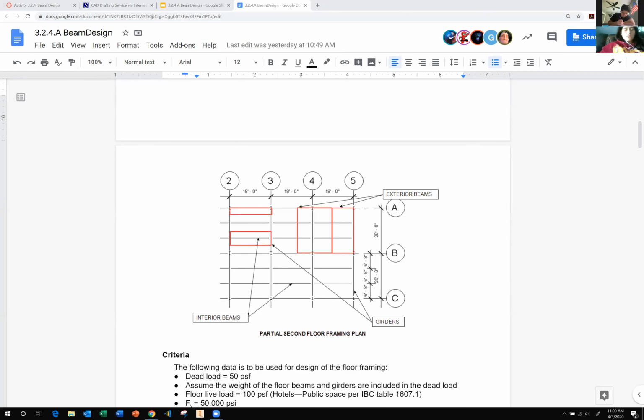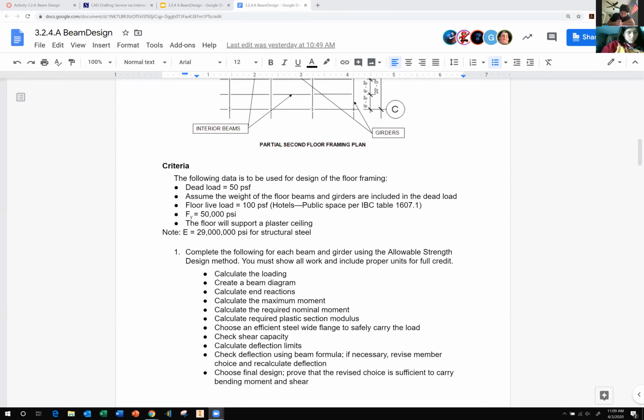So I want to go ahead and solve this problem. We always want to define our knowns. I'm going to switch to my document camera, but I'll read it out loud first.